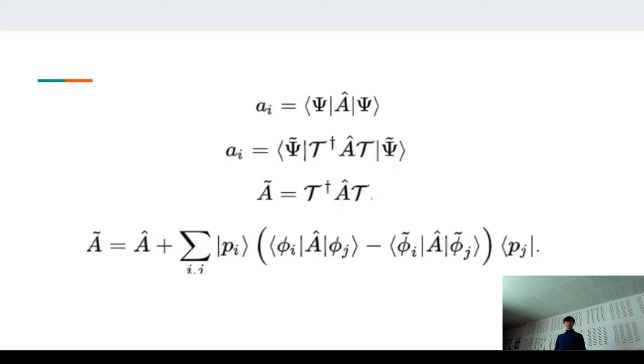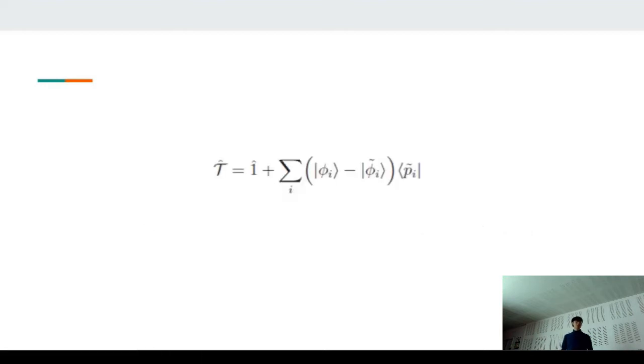What comes next is a semi-straightforward mathematical step. You plug everything you know in, and you arrive at this expression right here, which is a lovely expression because our A tilde operator looks pretty much like the transformation operator here.